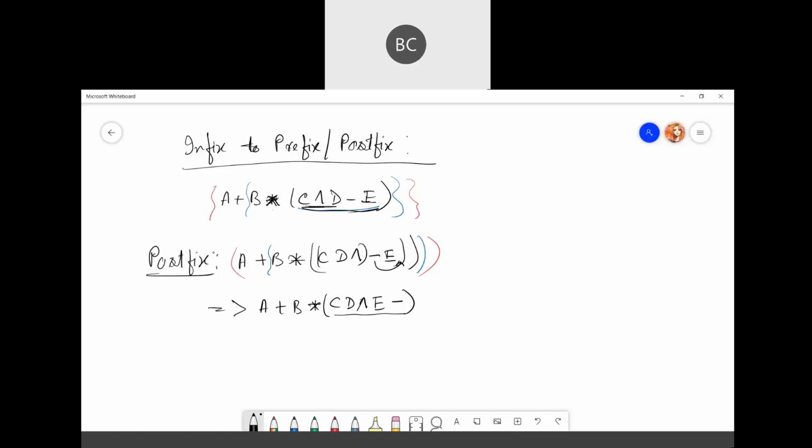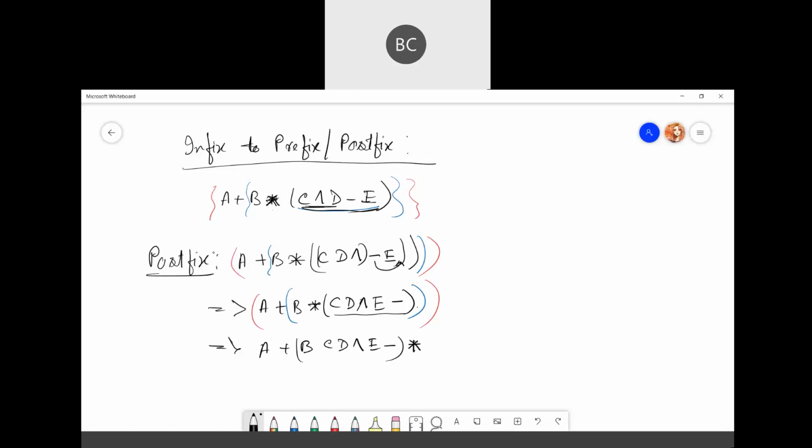After that, what's the remaining part? You need to do the multiplication part, and after that, the addition part. We have to bring the multiplication sign after the operands, before this whole expression.